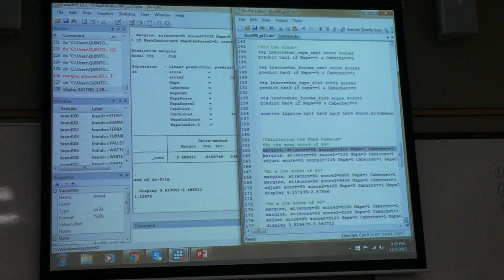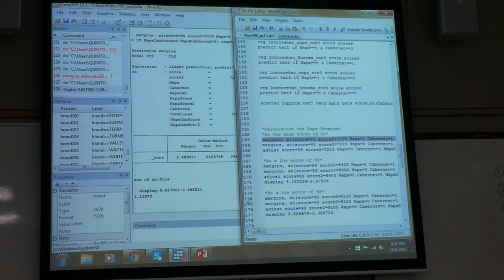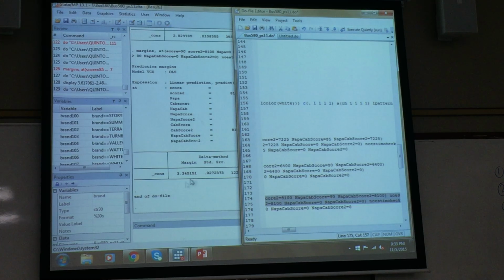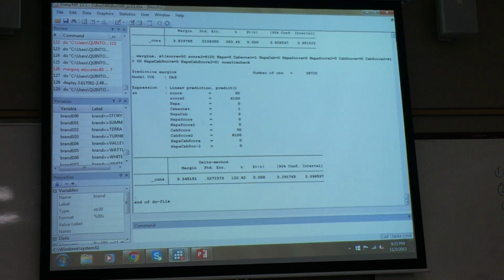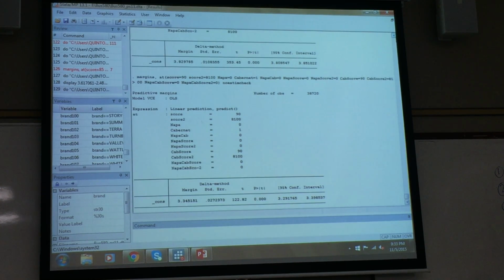There's 80, and there's 90. Before we do the math, what can you tell me about the premium? What are those log prices doing? Getting closer together.